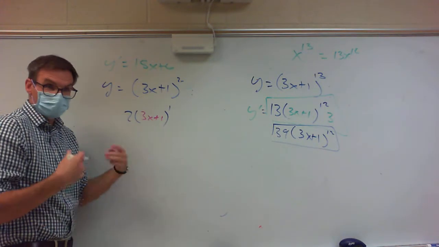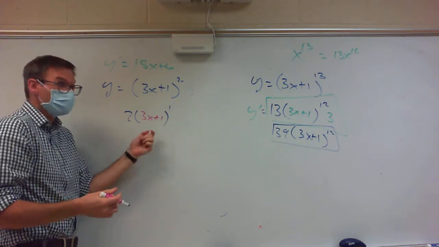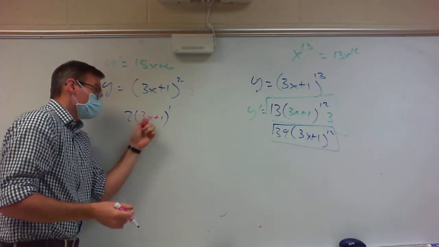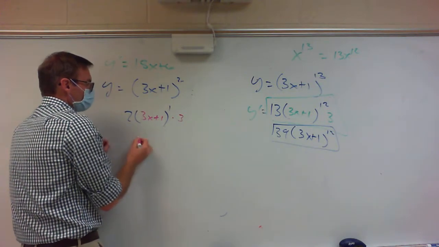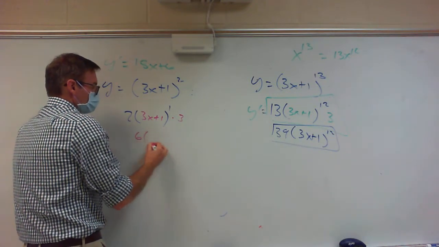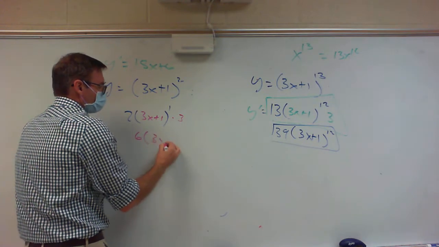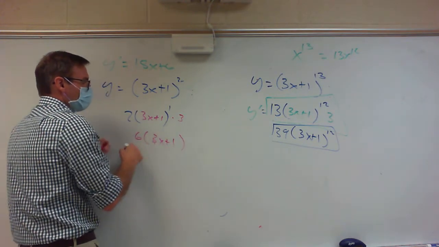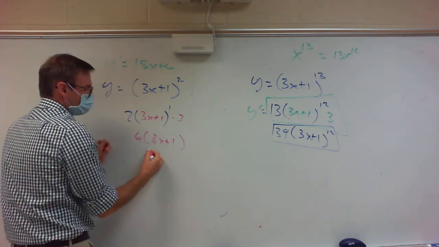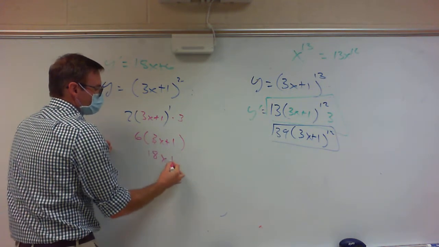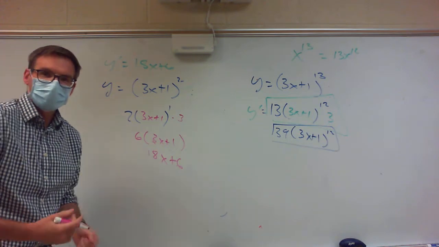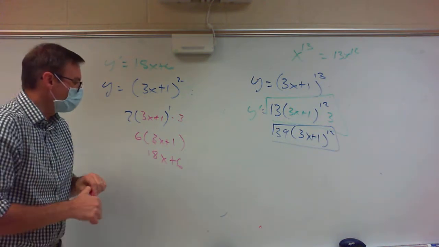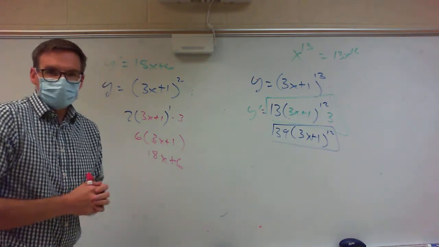Because when I said 2 stuff to the first, I said the word stuff, so I have to take the derivative of the stuff, so that's going to give me a times 3. And when I clean this up, I end up with 6 times 3x plus 1. And if I distribute, that's going to give me 18x plus 6, which, oh good, is the same answer I had when I did it the other way, because if it didn't, I'd be in trouble.